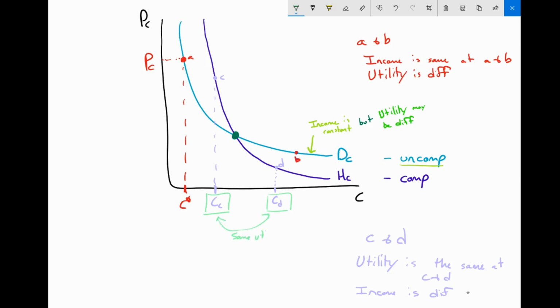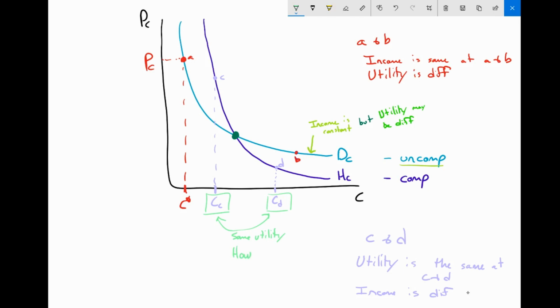Because we would think that they would achieve higher utility at D because they're consuming more. And if we remember from our preferences lecture, that more is always better to a rational agent. And so how could we possibly say that they have the same utility whether they consume at C or D?